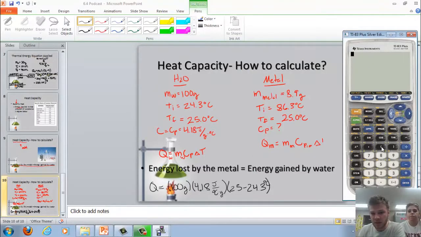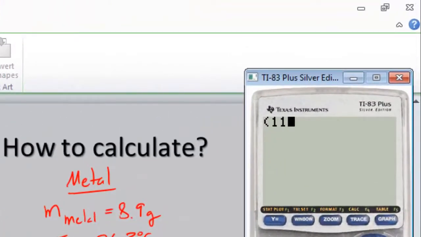Okay, so I'm going to plug this in. We've got 100 grams times our heat capacity, which is 4.18, times our temperature change, which was 25 minus 24.3.